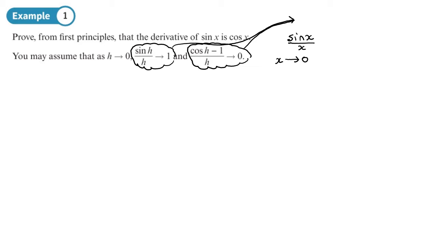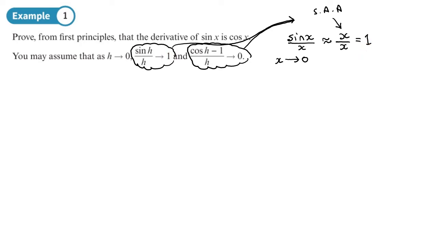So as x tends to 0, this is approximately x over x. Yeah, so this is the small angle approximation, and that is 1. So that's why sine h over h, as h tends to 0, tends to 1.